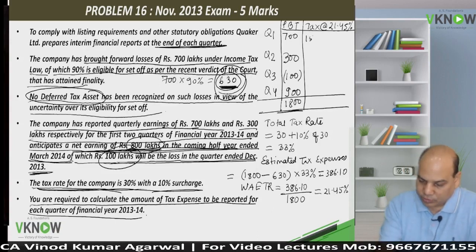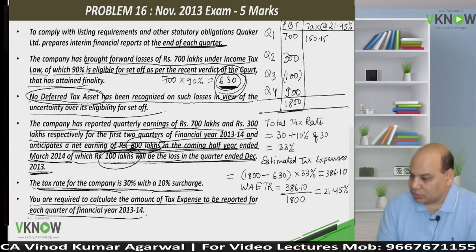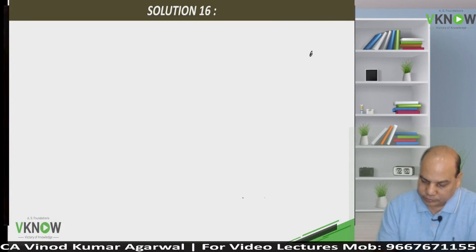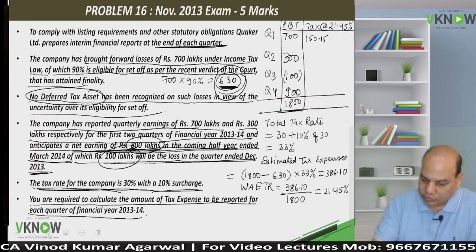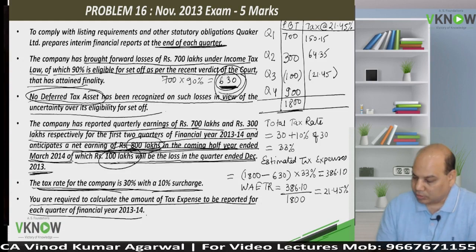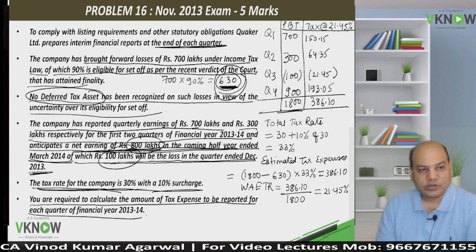So that comes to 150.15, 64.35, 64.35, 21.45 in bracket, and 193.05, and this total will match to 386.10. You can check the total.